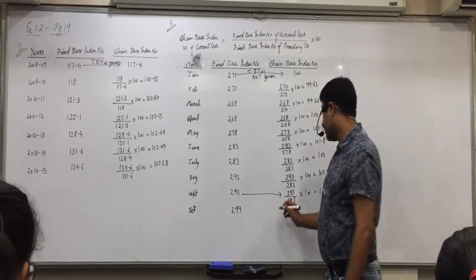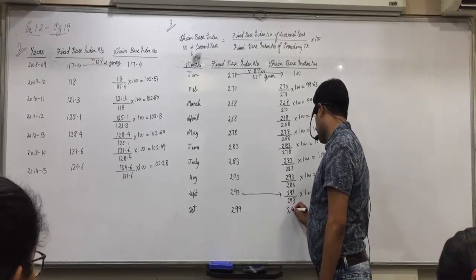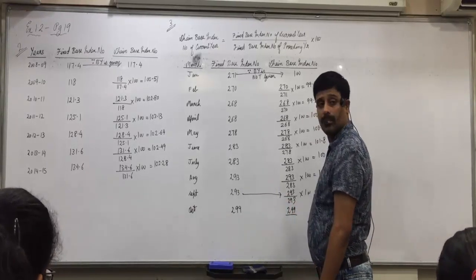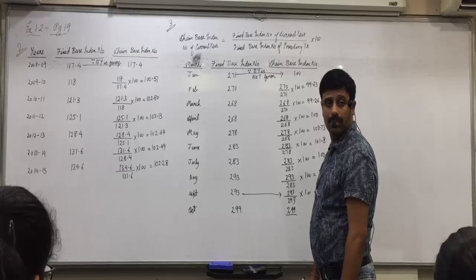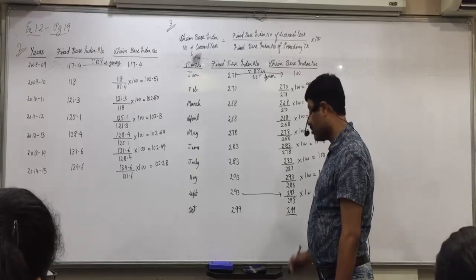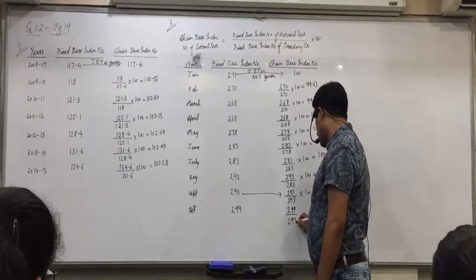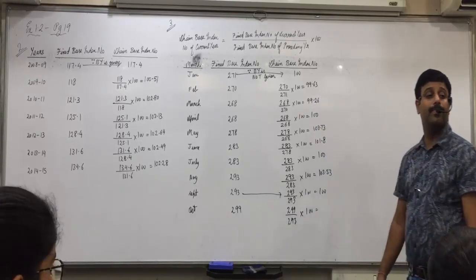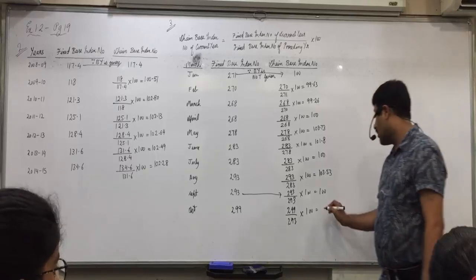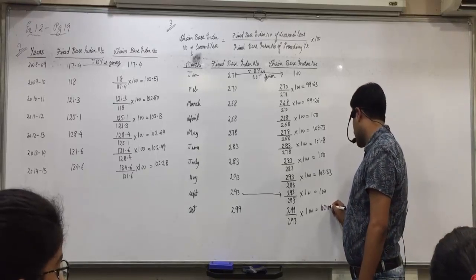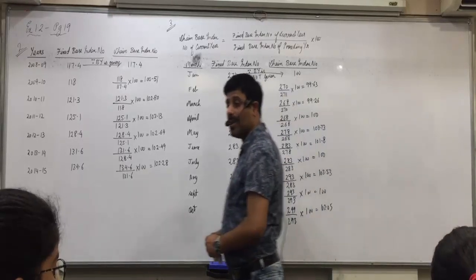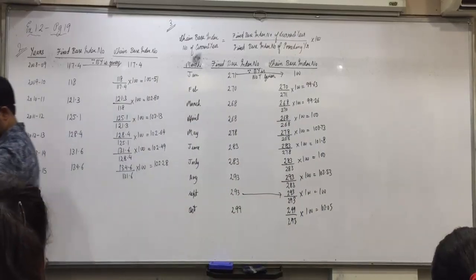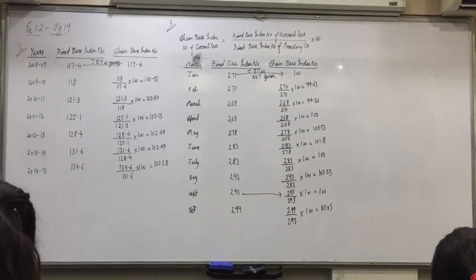And Atavle? 299 divided by 293 into 100, 102.05. So all of you are clear with this? Yes. Anyone having any doubt in that?